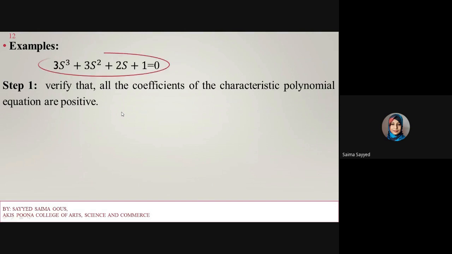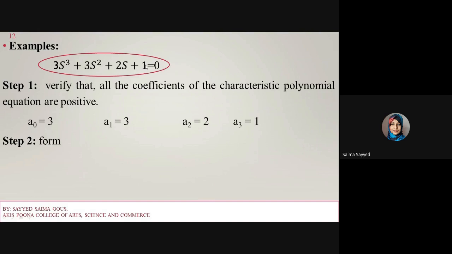Here all are positive, so we proceed to the next step. Compare with the standard characteristic polynomial equation: a0 is equal to 3, a1 is equal to 3, a2 is equal to 2, and a3 is equal to 3.